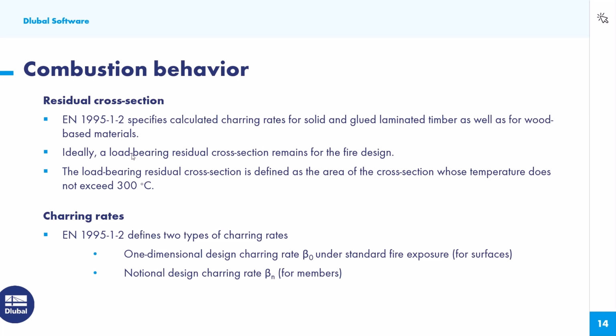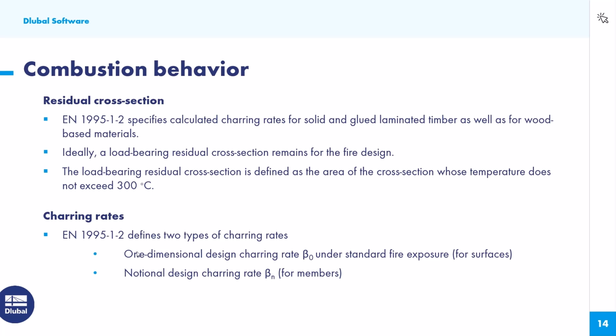It's clear that a residual cross-section should remain, otherwise the whole design would not work or the whole building will collapse. And it is simply defined as the area where the temperature does not exceed 300 degrees Celsius.